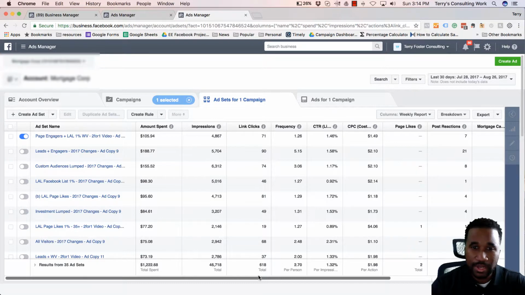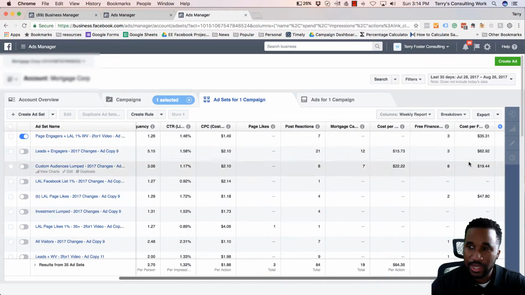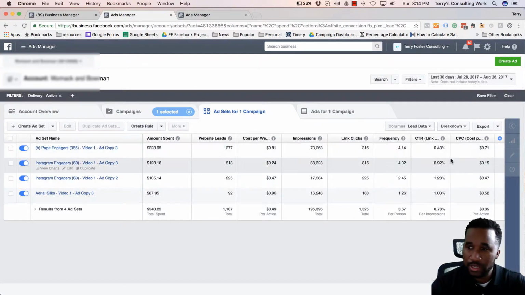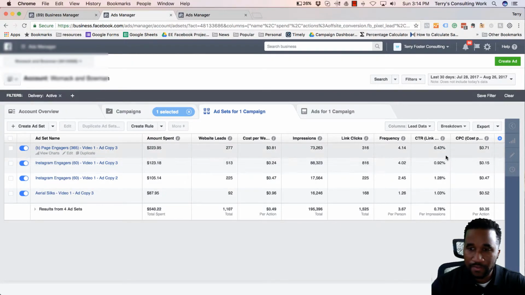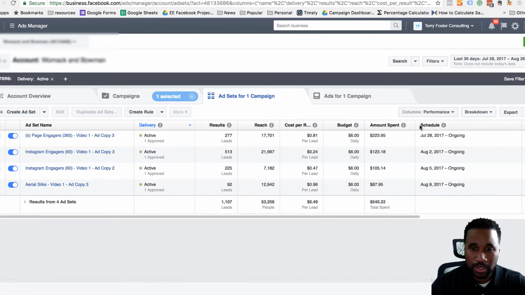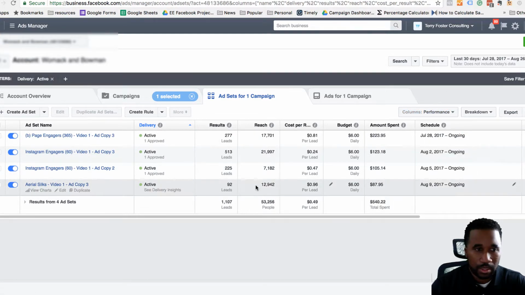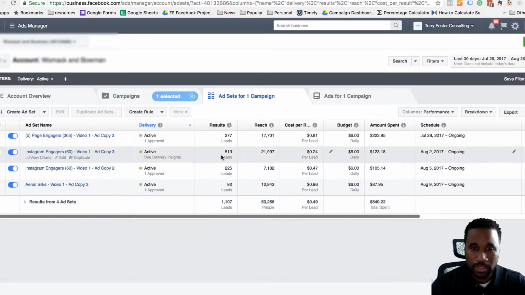So for lead gen campaigns, I'm looking at the cost per lead, and then I'm kind of working backwards to see how we're getting that cost per lead. And sometimes the numbers look good, such as over here. We'll just use this one for example.